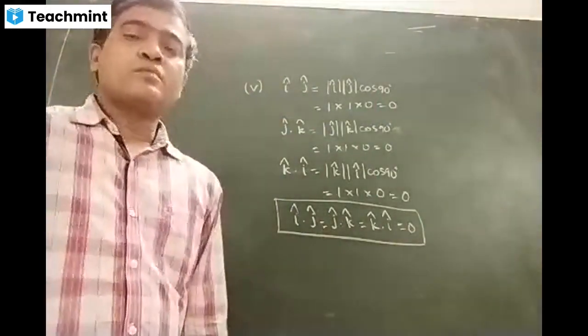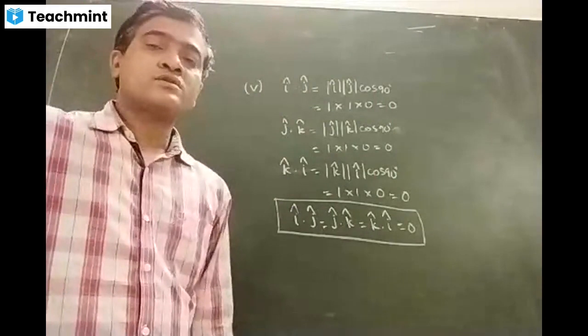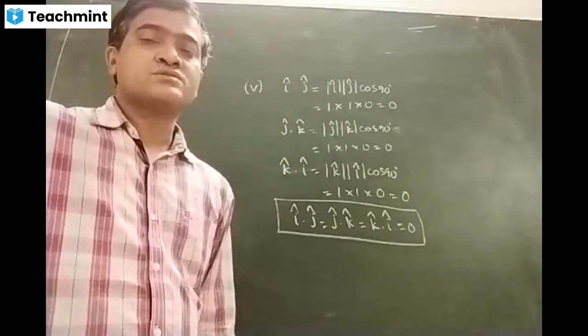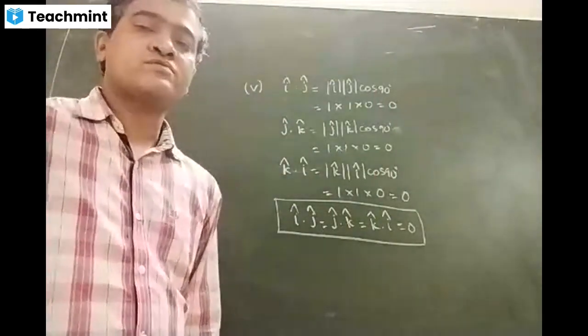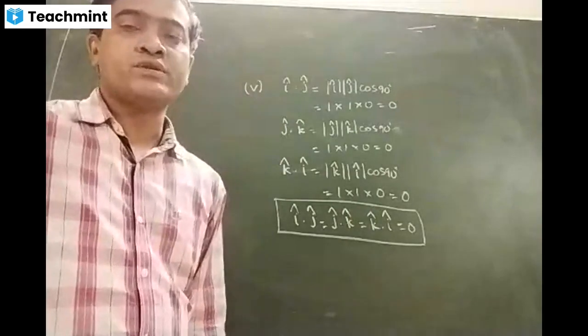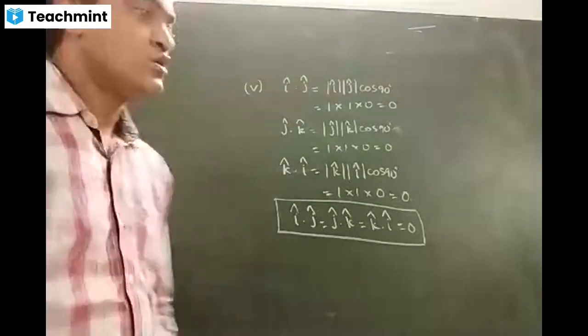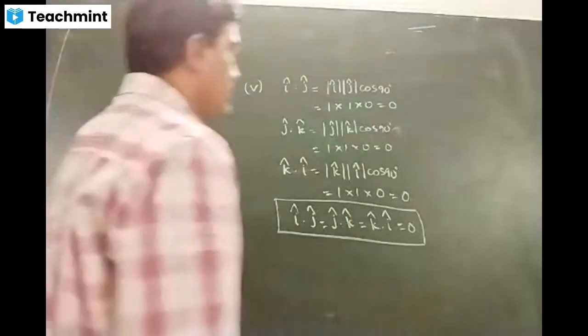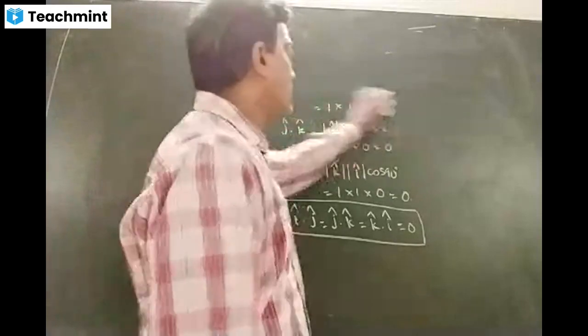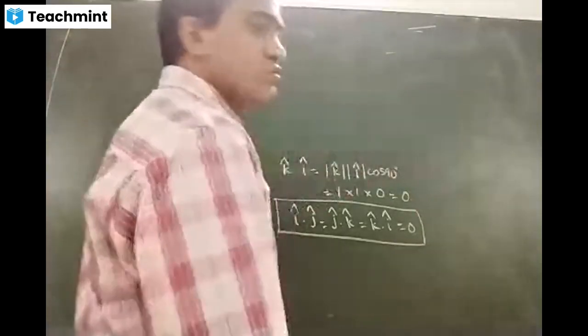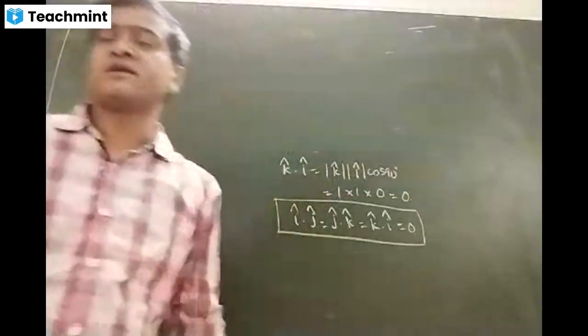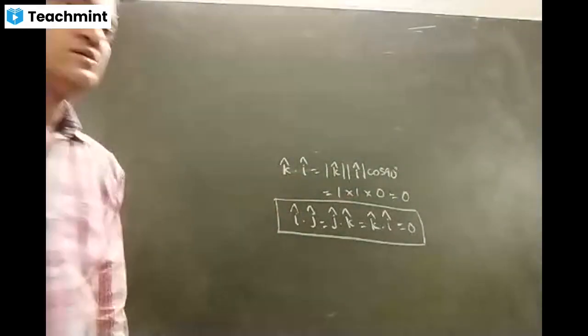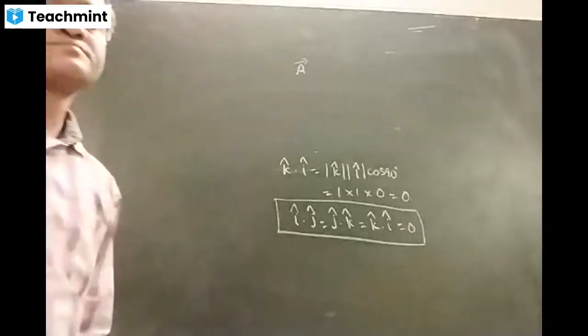One more important property: dot product of vectors obeys commutative law. As you know, we have studied commutative law in addition, and subtraction also, but in subtraction it will not obey commutative law.